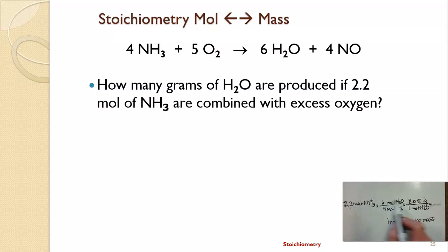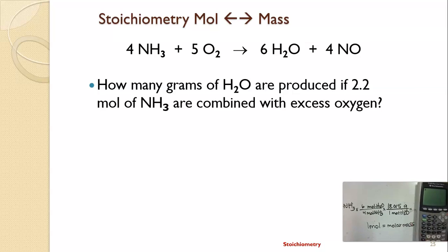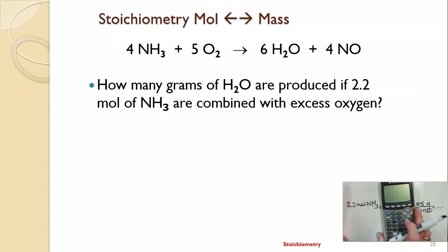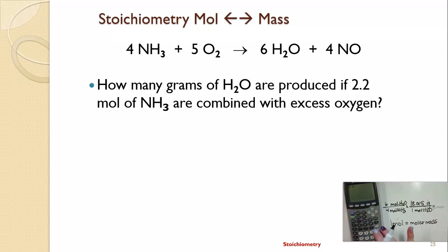Now I multiply everything in the numerator. So let's see, 2.2 times 6 times 18.015. Okay, that gives me 237.798, divided by, what's in the denominator there?